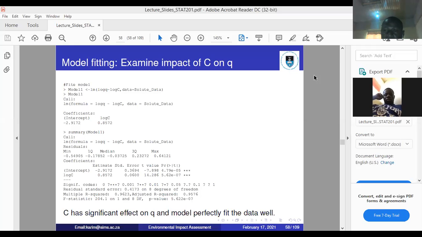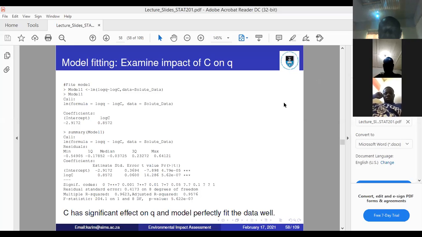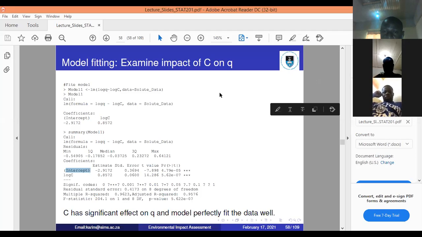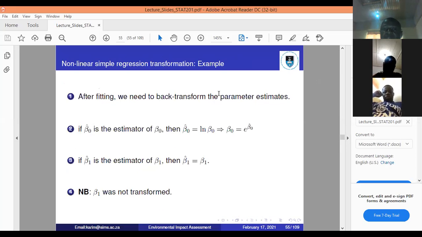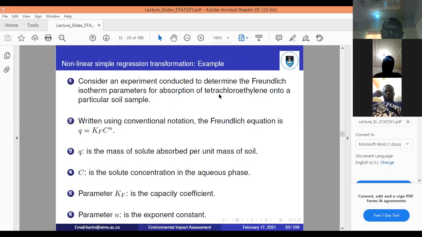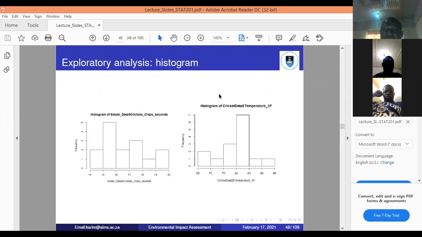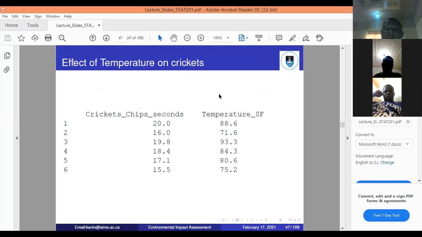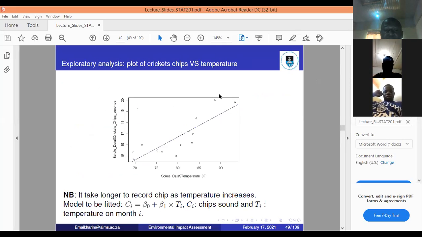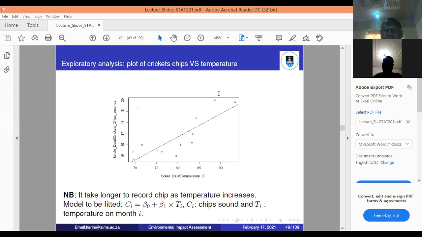So in our previous lecture, we looked at simple linear regression. We used the temperature data, which is here, and looked at how we fit this model, and we have the results here. We looked at the interpretations of these results.